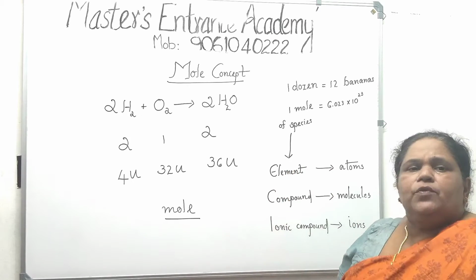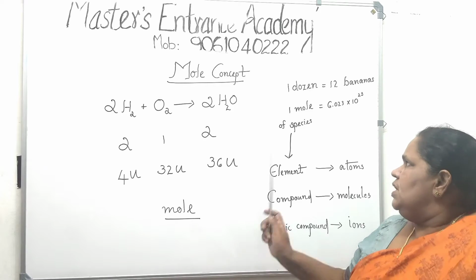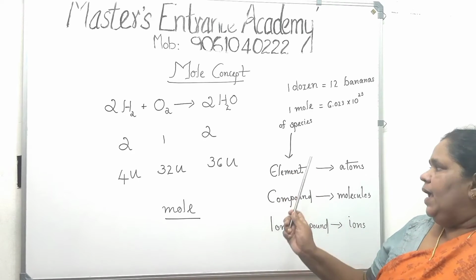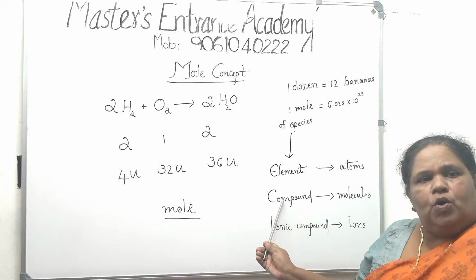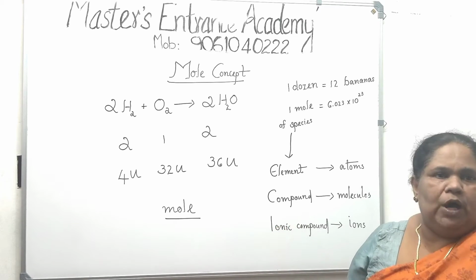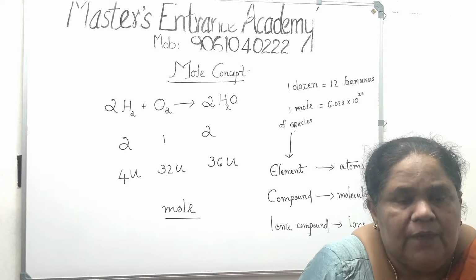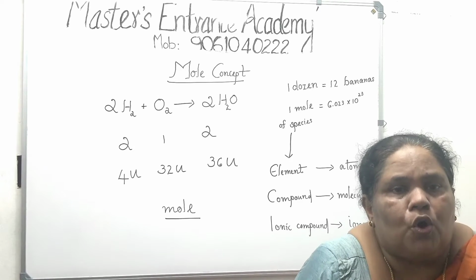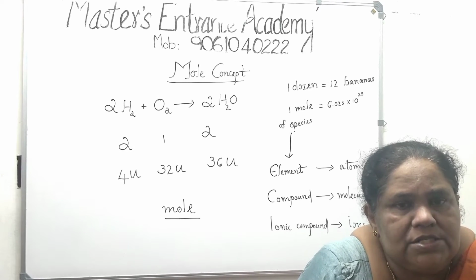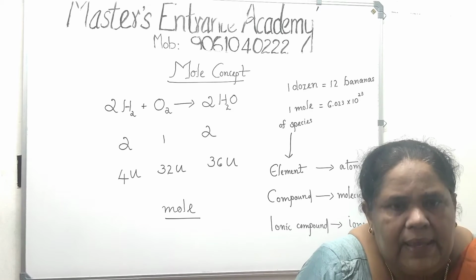This species, what do you mean by species? Species can be an element or a compound or an ionic compound. If the species is an element, the constituent particles are atoms. Why?